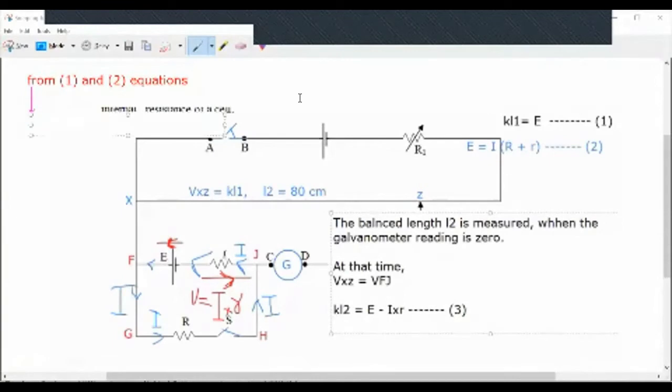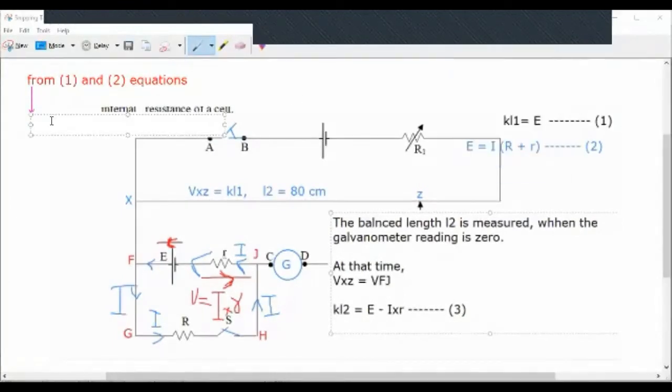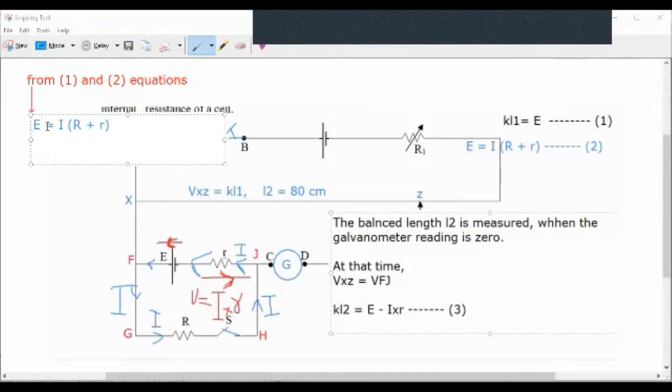let me write the second equation first. The second equation tells us capital E equals capital I times (capital R plus simple r). But according to the first equation, capital E equals KL1.